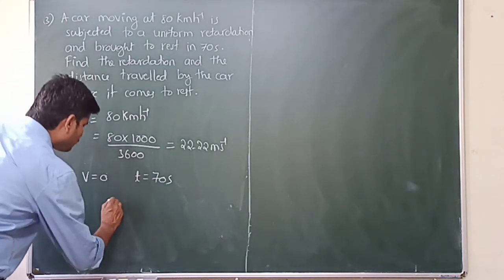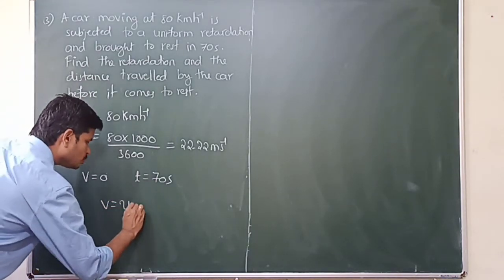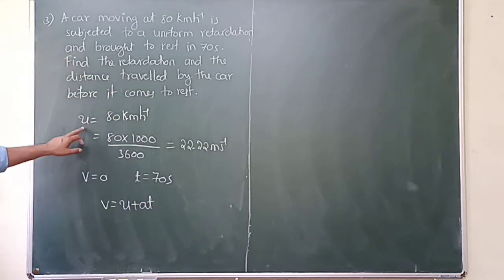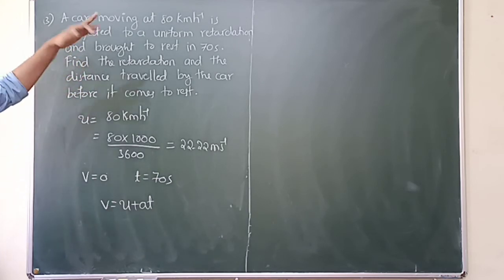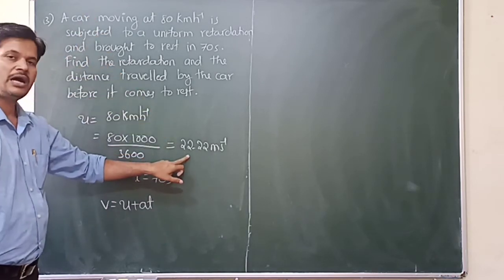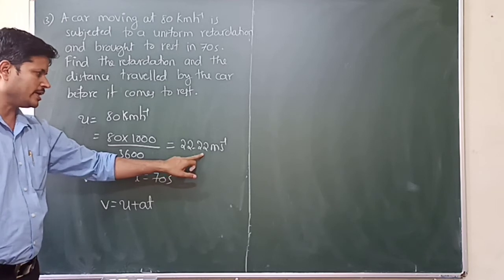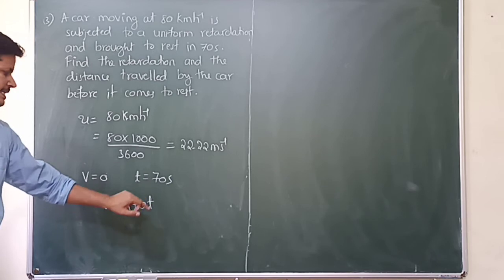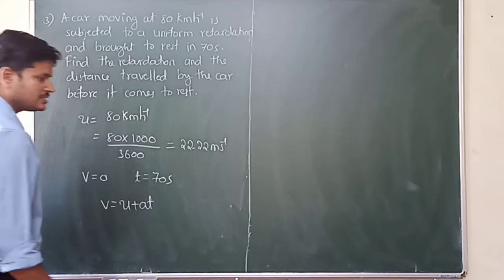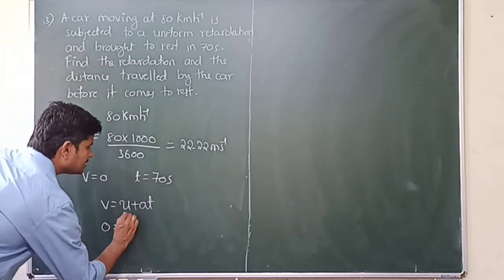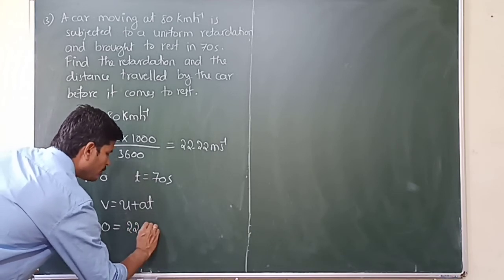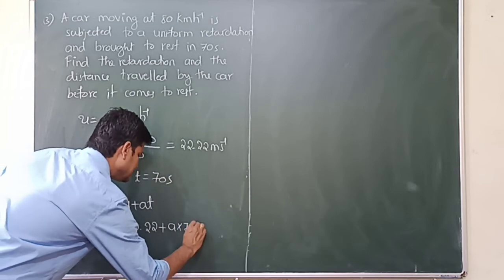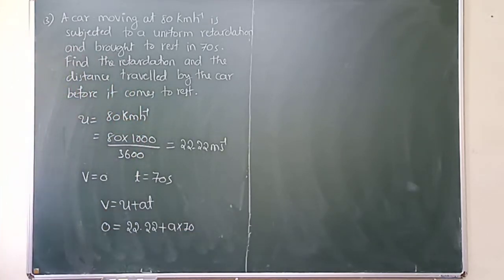For that, I will use the formula v equals u plus at, right? Already we have calculated the initial velocity, 22.22 meter per second, final velocity is 0 and t is 70 seconds. First substitute: v equals 0 equals 22.22 plus a into 70. Correct.